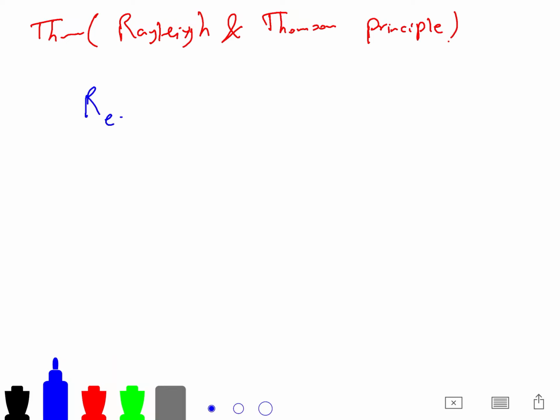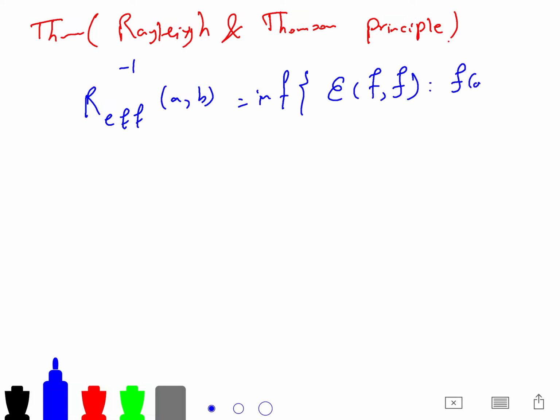It says that the inverse of your effective resistance between any two nodes or vertices is just the infimum over the Dirichlet energy of f with itself, such that f at one side is 0 and at the other side is 1. So you see how beautiful this variational approach is related to effective resistance.